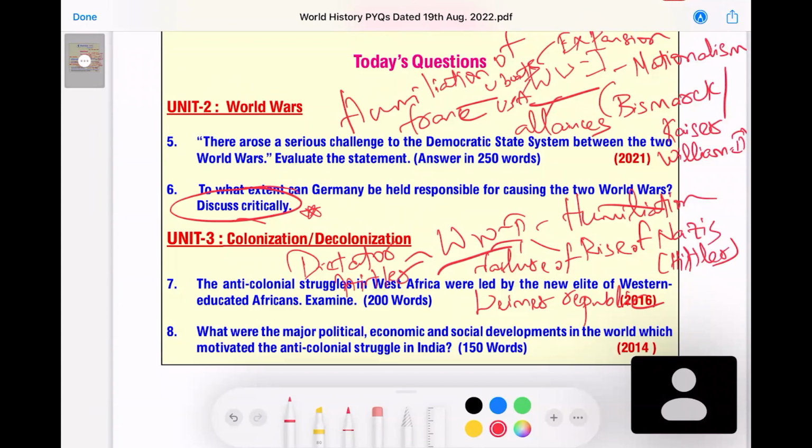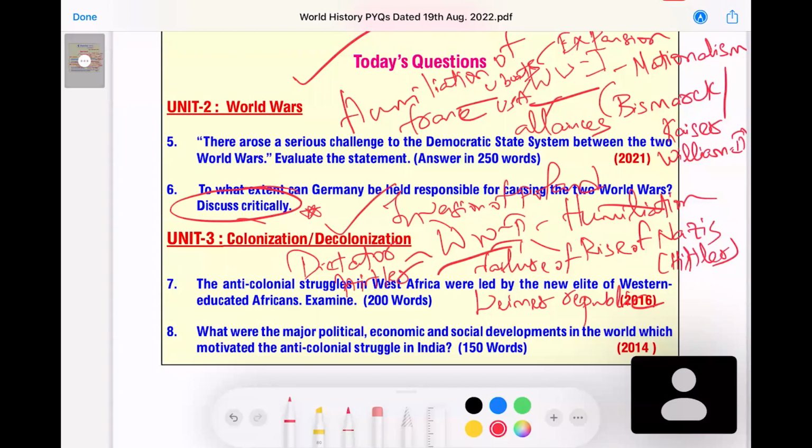Okay. And then the immediate reason is the invasion of Poland. So these are the reasons for World War I. These are the reasons for World War II.